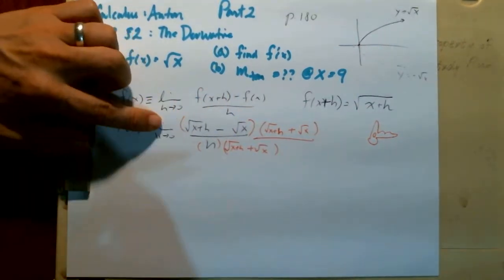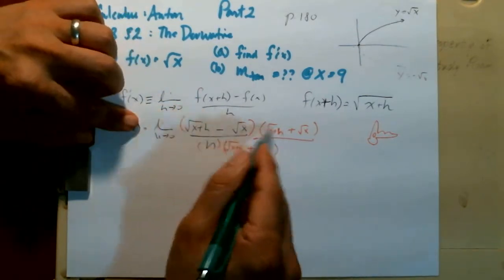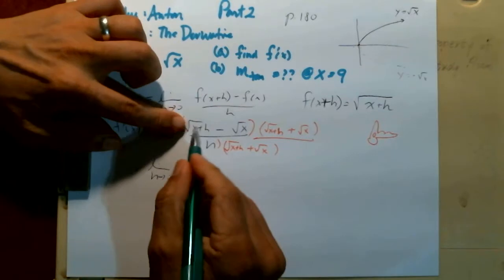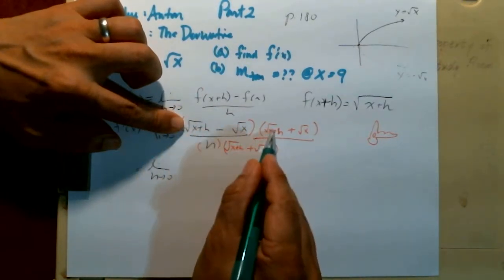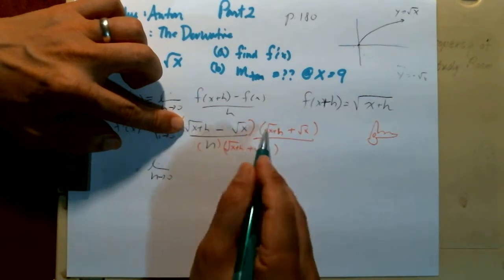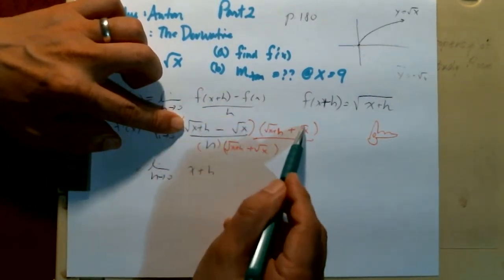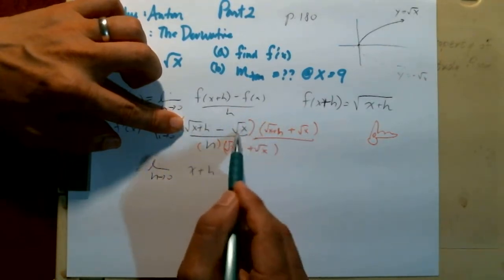So what you notice is when you distribute this out, this is where the algebra gets a little bit more tedious. Square root of x plus h times the square root of x plus h, since they're inverse operations, the square and the square root cancel, you end up with x plus h. If you notice this times this, the outer portion will cancel with the inner portion.